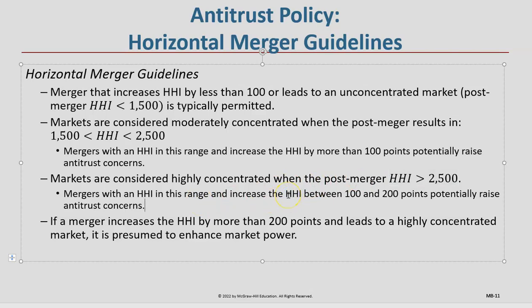Okay, especially if the HHI would increase by 100 or 200 points. And if any merger increases the HHI by more than 200 points and leads to a highly concentrated market, again above 2,500, that's a definite merger that would increase market power and would get a good strong look from the federal government.